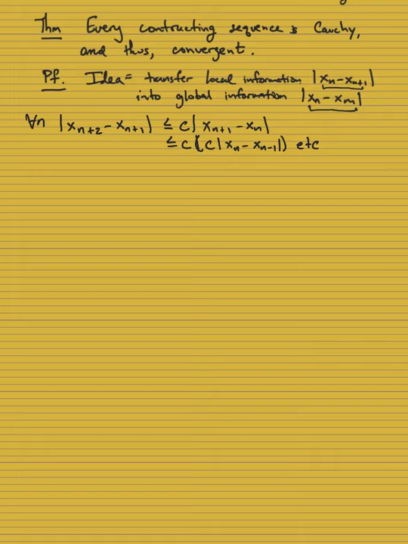So in other words, we get that |xn+2 minus xn+1| is less than or equal to c to the n times |x2 minus x1|. Okay, so the gap between the first two terms gives you a bound between the nth terms where you get to multiply by c to the n. And you should think this c to the n is getting small very quickly, right?